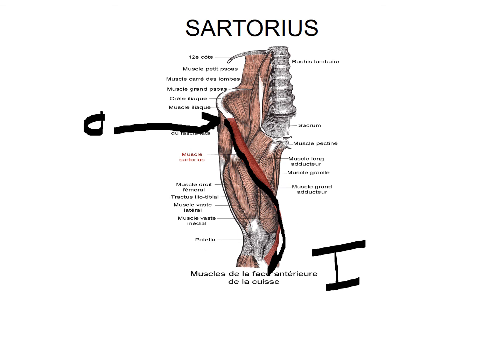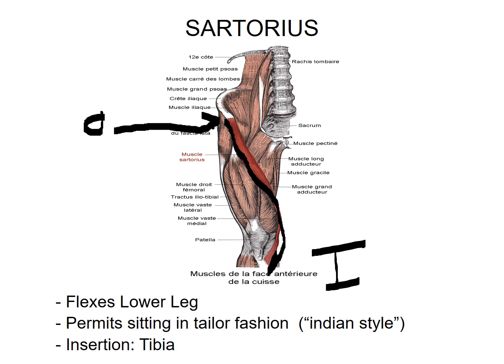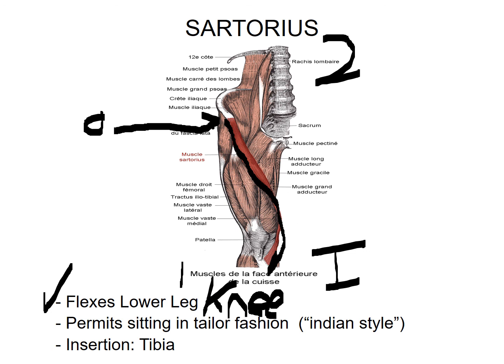And what it does is a lot of things. So hang with me here. Yes, it does flex your lower leg, which means flexing the knee joint. So it does bend your knee. That is one thing. I'll put a 1 by it. Number 2, it externally rotates your hip. Basically that means it kicks your foot outward. I'm just going to put X to rot.